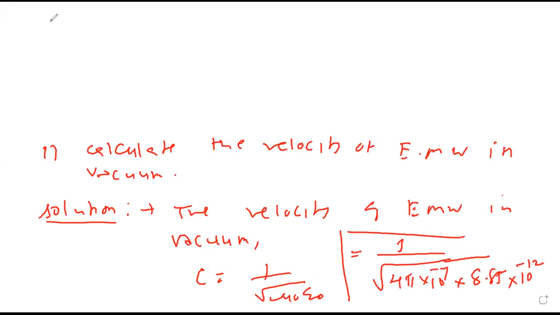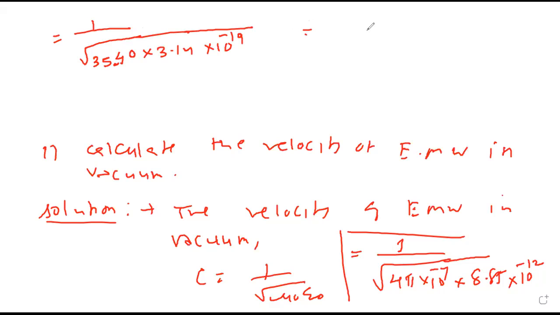You have to remember. So this will become 1 upon root of 4 into 8.85, which is 35.40 after two-digit decimal, into pi 3.14 into 10 raised to minus 7 and minus 12, that is minus 19.